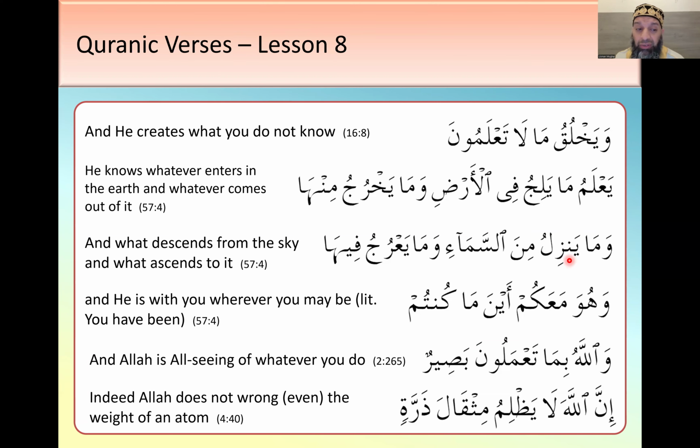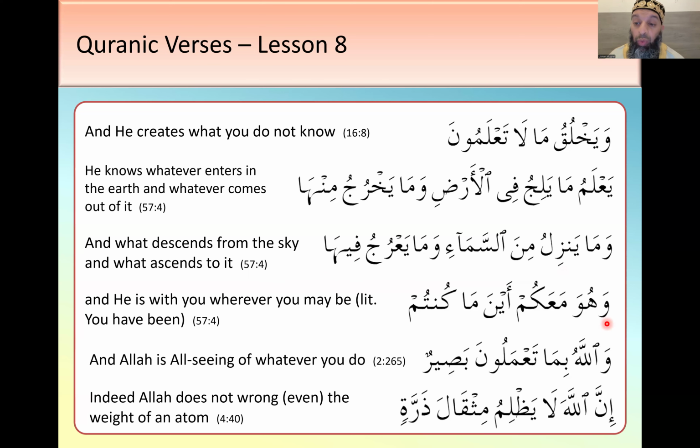So wama yanzilu, and what descends, min as-samai, from the sky, wama ya'ruju, and what goes up, araja means to go up, fiha, to it. And what descends from the sky and what ascends to it.